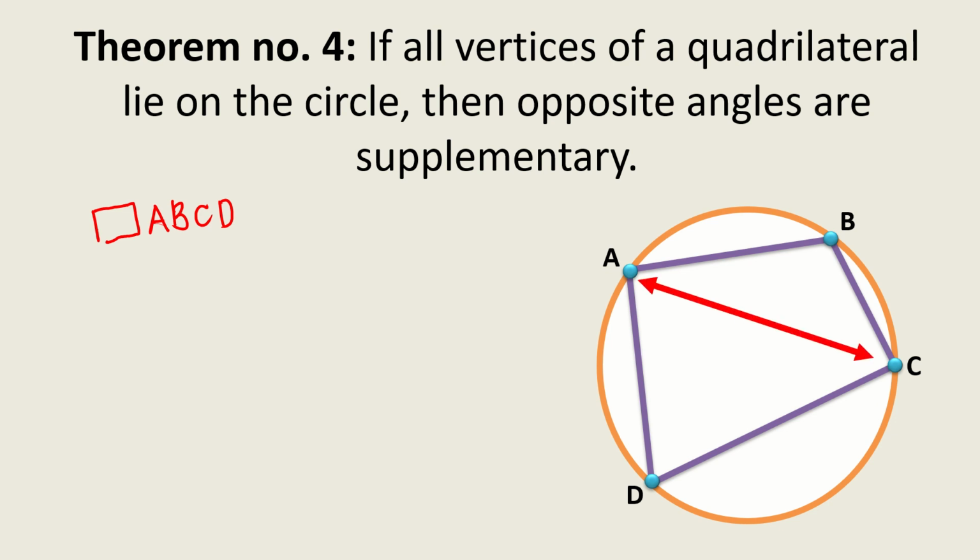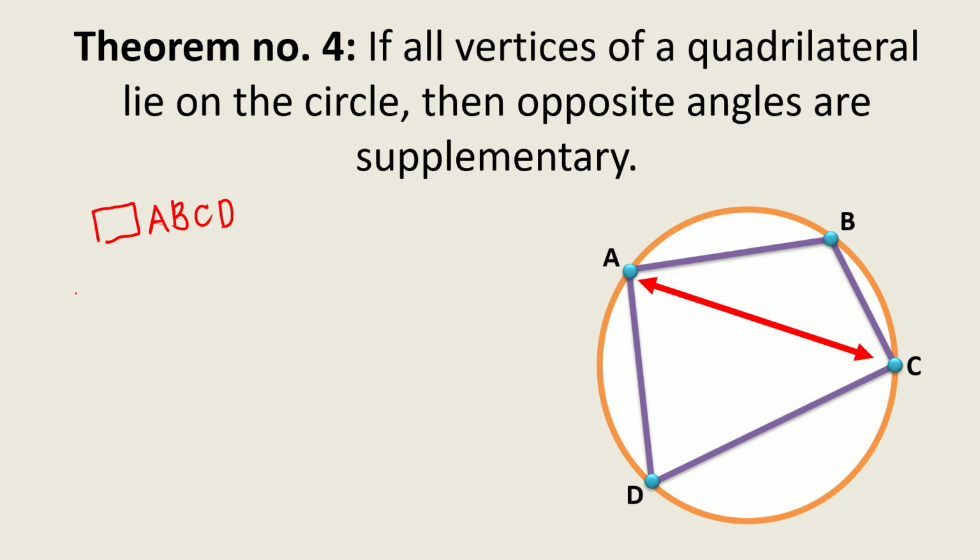In this figure, angle A and angle C are partner opposite angles. According to theorem number 4, if we get the sum of their measures, it is equal to 180 degrees. Another way of naming angles is using the name of the vertex, so just one letter is possible.